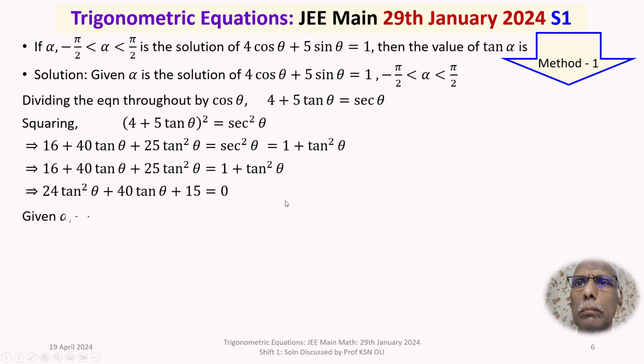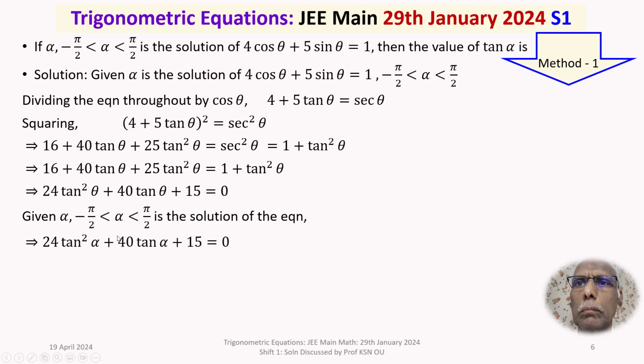We are given alpha, where alpha belongs to the open interval (minus pi by 2, plus pi by 2), is the solution of the given equation. Therefore, alpha will satisfy this equation. So 24 tan square alpha plus 40 tan alpha plus 15 is equal to 0.